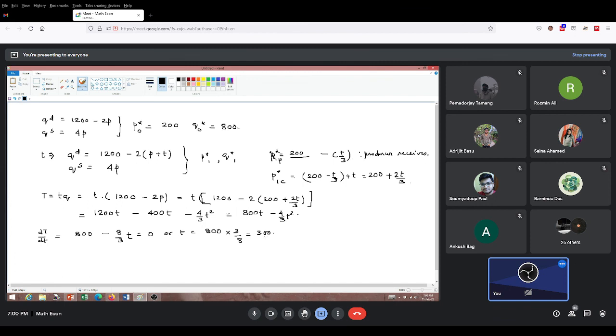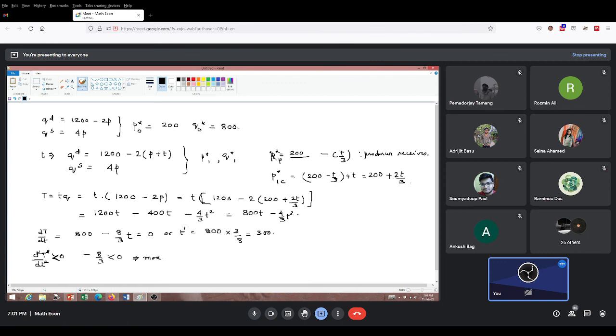But you also should check whether it is coming out to be negative. Unless you check this condition, I will deduct marks over here. So this is minus 8, it should be negative. This is negative, so it means it's a maximum.